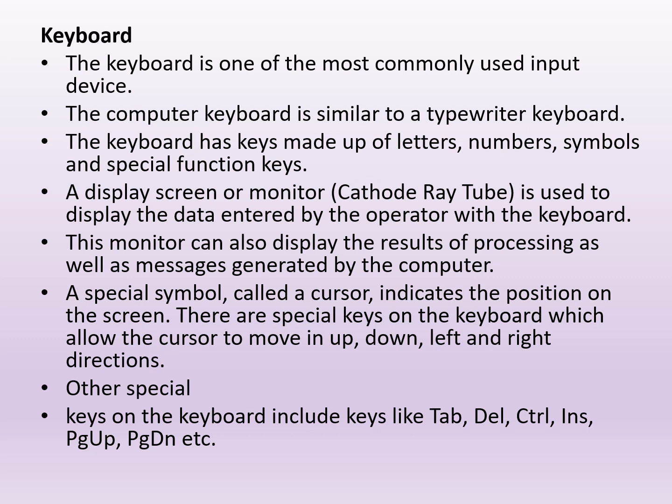A special symbol called the cursor indicates the position on the screen. There are special keys on the keyboard which allow the cursor to move in up, down, left, and right directions.